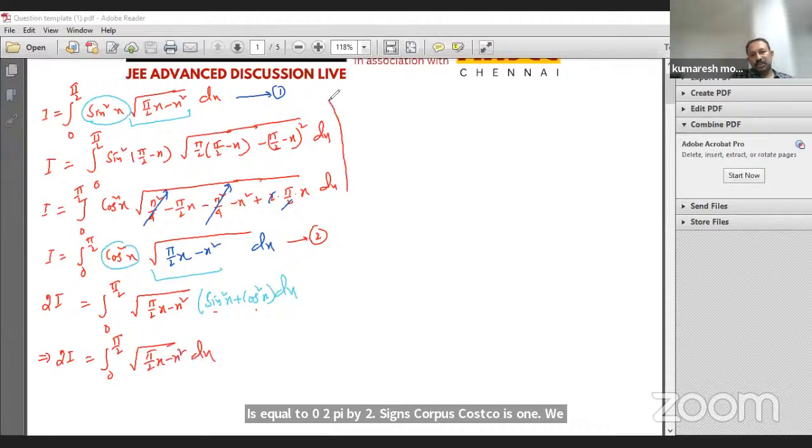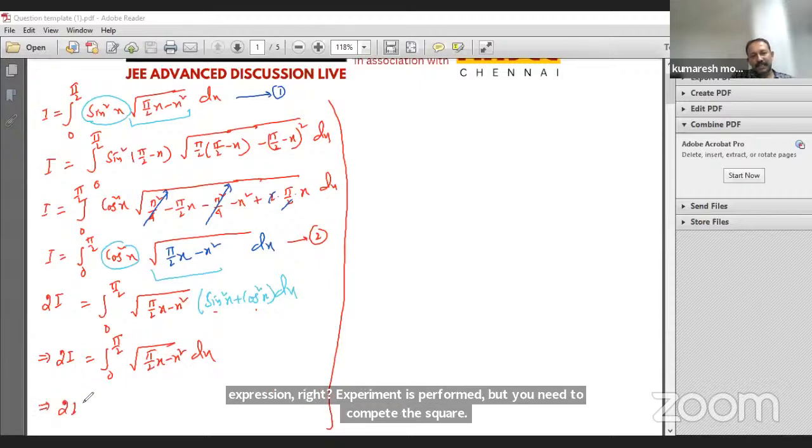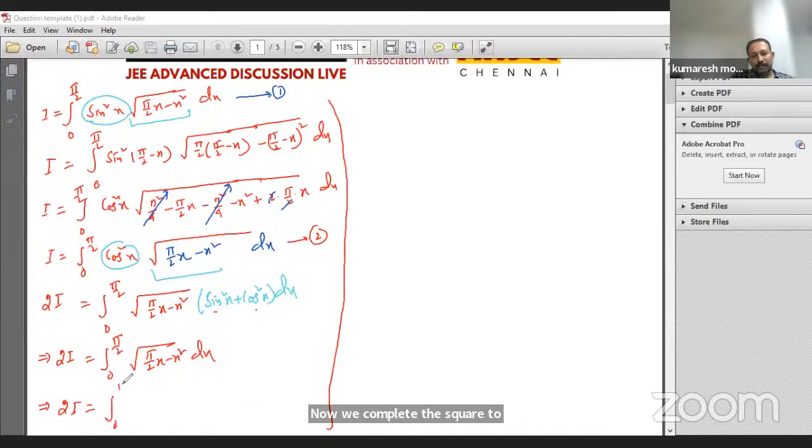Now this expression will become what? Purely algebraic expression, right? Root over of something looks like x square minus a square form, but you need to complete the square. Now we complete the square. 2I equal to what? 0 to pi by 2 root over of, we complete the square, minus sign is there. We'll do here minus pi square by 16 plus 2 into pi by 4 into x minus x square plus pi square by 16.